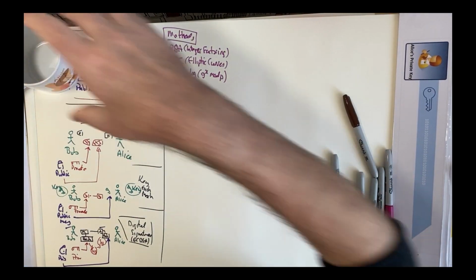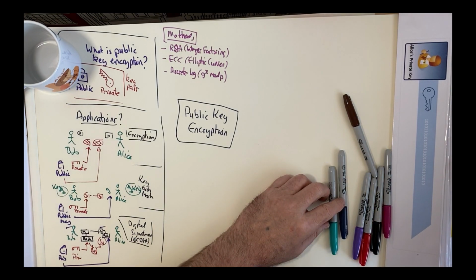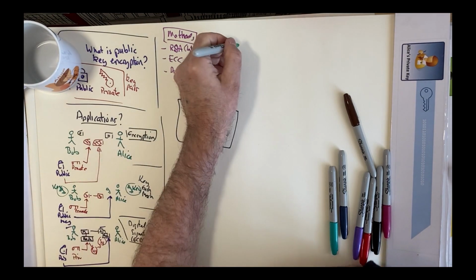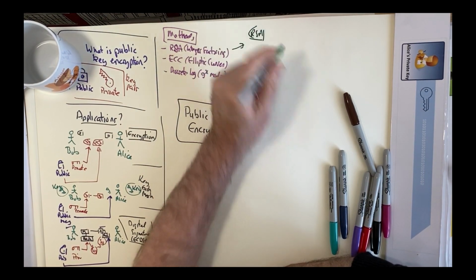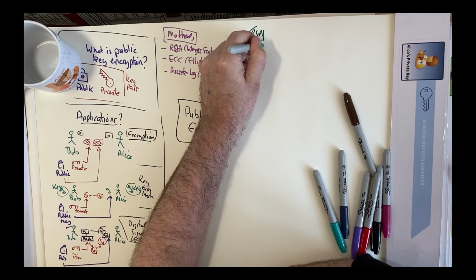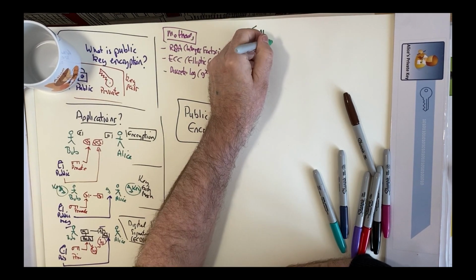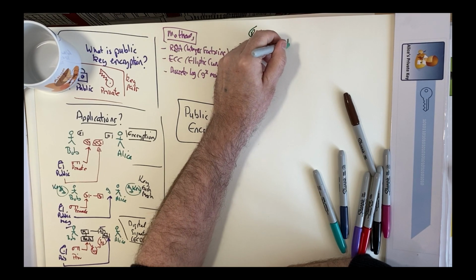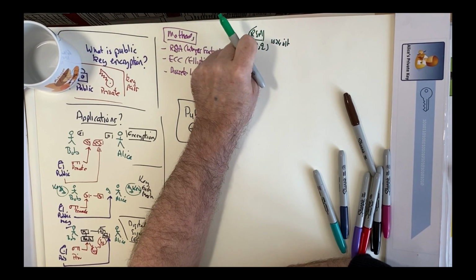Okay, so the first method that we'll look at is RSA. With RSA, we generate two prime numbers, P and Q. And these are fairly large prime numbers, probably 1024 bits long or 2048.